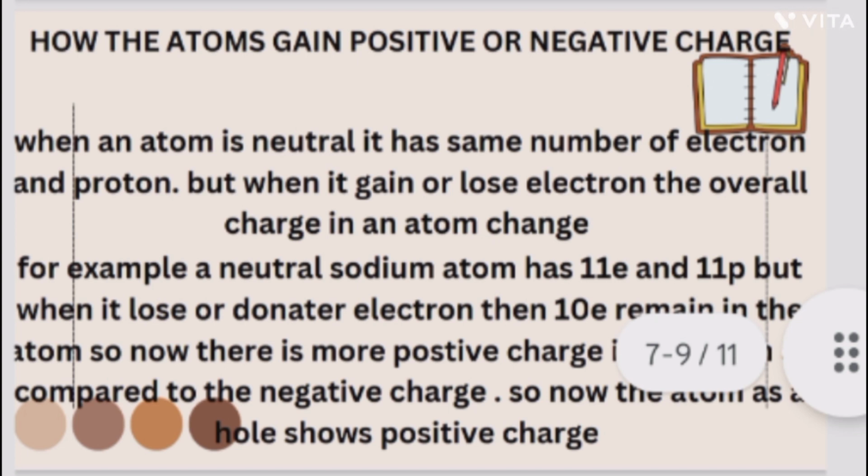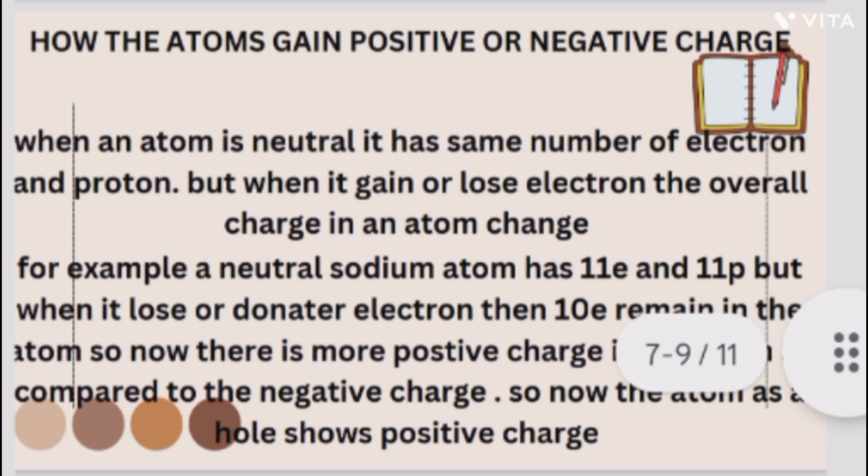As we know, a neutral atom has an equal number of protons and electrons in it. So when one electron goes out from the atom, meaning it donates one electron, the charge ratio is disturbed within the atom.